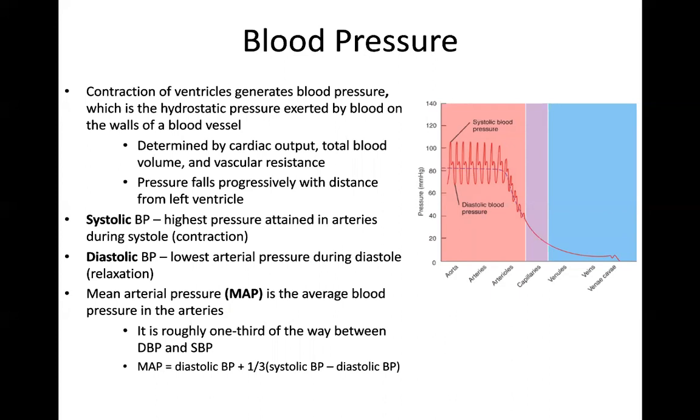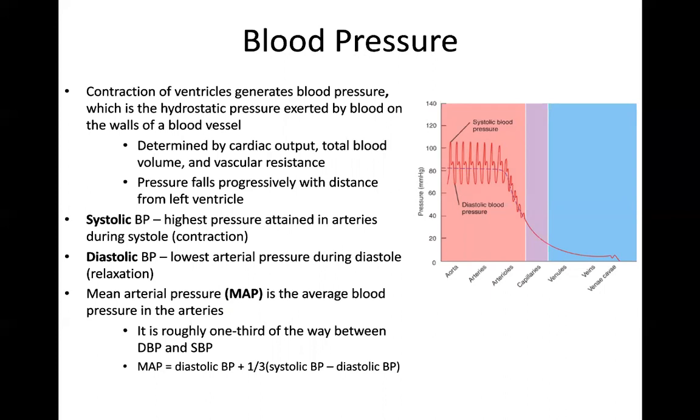That's the higher number. We call that the systolic number because that's when your heart is in systole. Systole is a fancy word for contraction. The lower number is called the diastolic number, which is the number when your heart is in a resting state, in diastole.